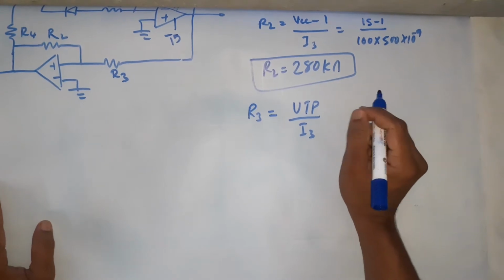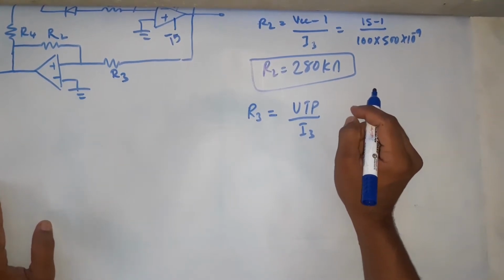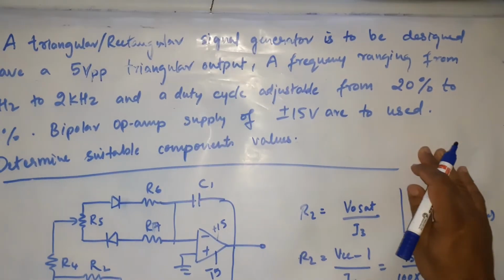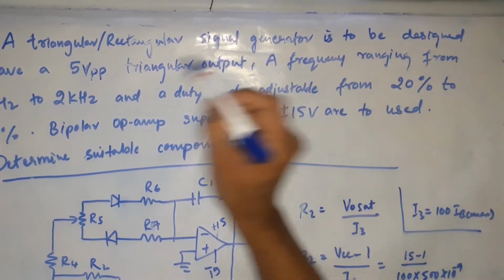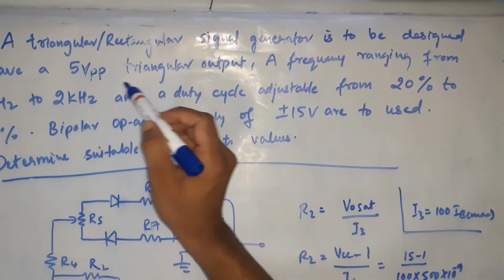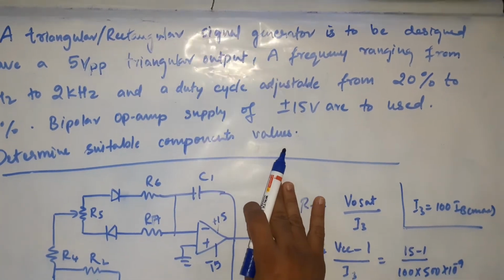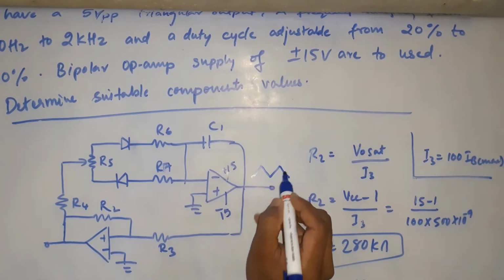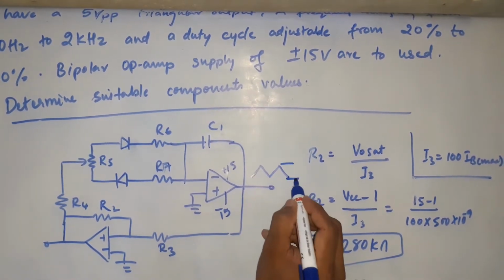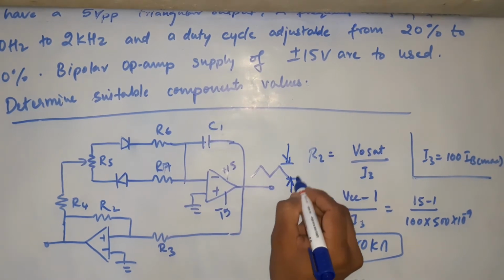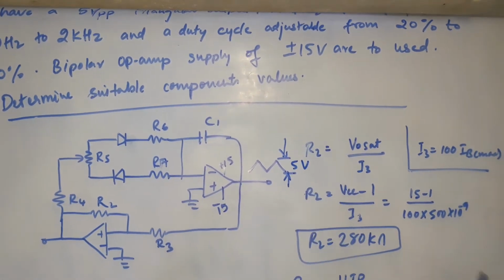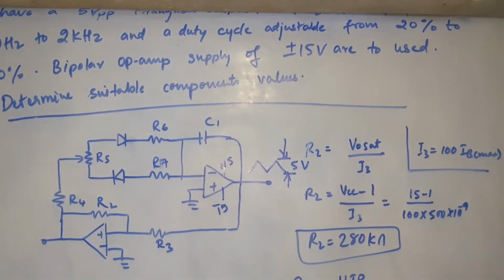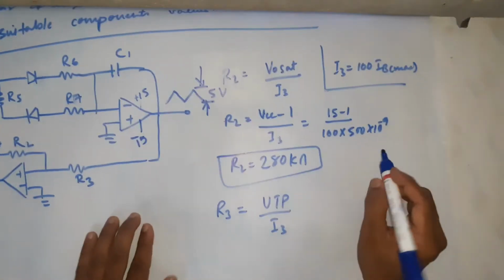What is UTP? To get UTP, see here, in your question it is given to design a 5 volt peak to peak triangular output. Triangular output is of integrator, right? It means from this peak to this peak, from UTP to LTP, it is 5 volt.